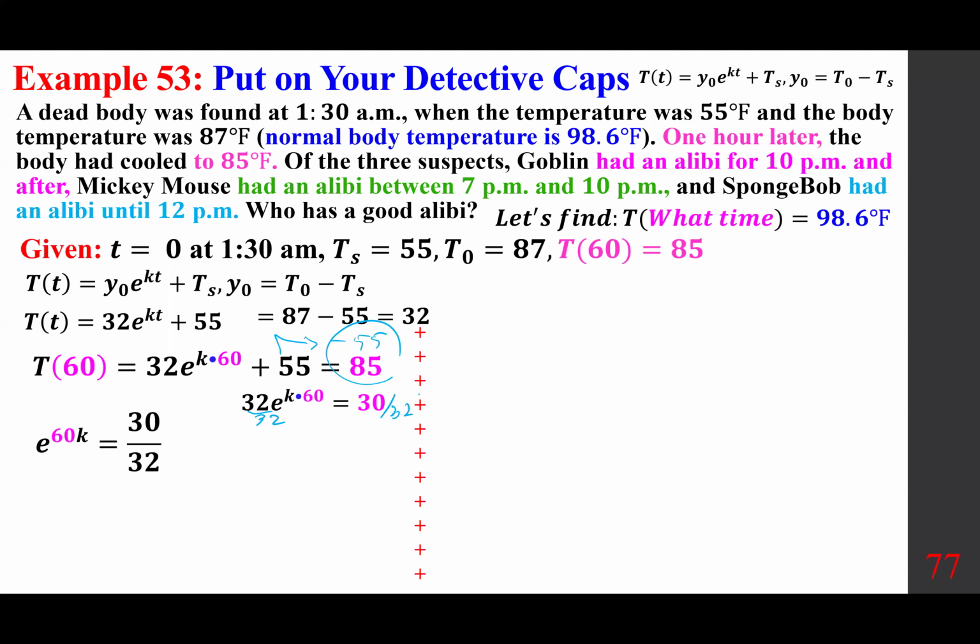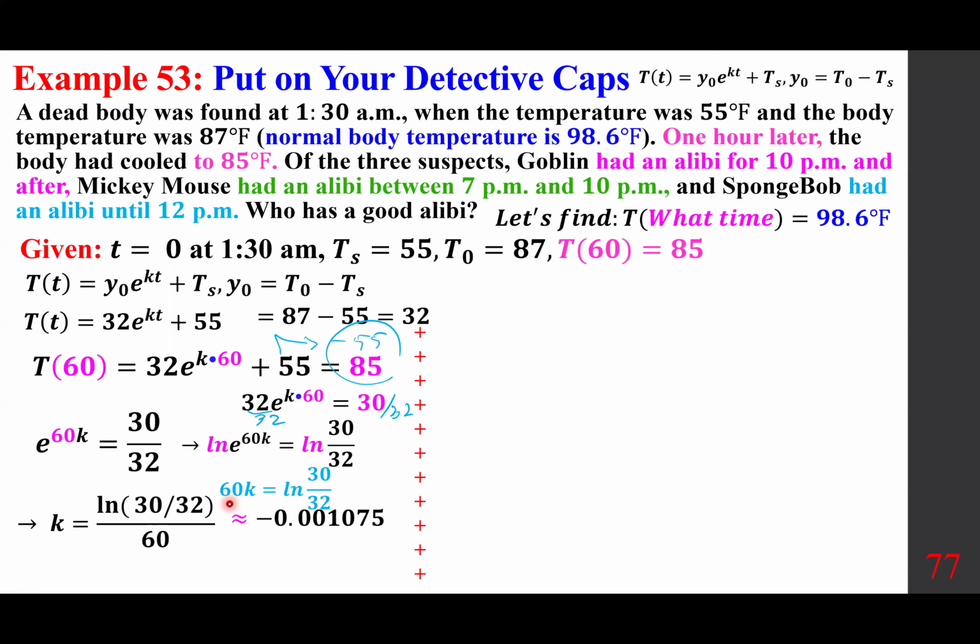Again, I'm not simplifying on purpose. I see e to the power of 60k. In order to get to the exponent, I'm going to take a log. Which log? The base is e. I take a natural log. The left side becomes 60k. And k is ln of 30 over 32 divided by 60 precisely.